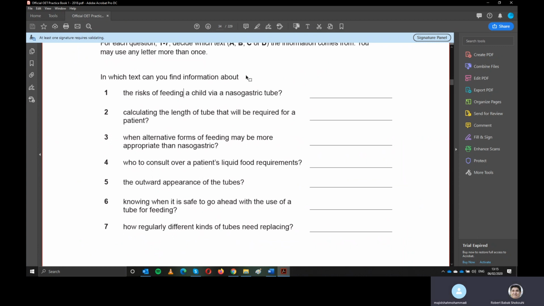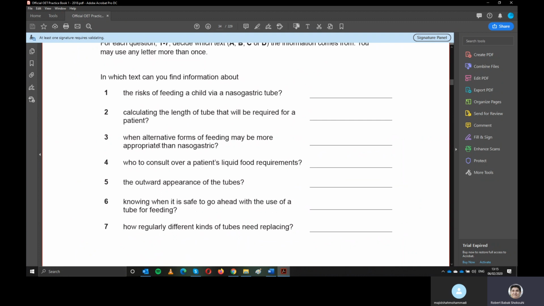We don't know. That's fine. We leave it. Next one. Calculating the length of tube that will be required for a patient. Where do you think? It should be B. So let's say B.